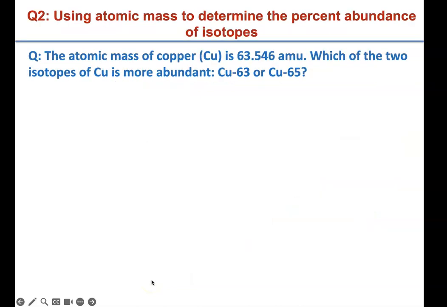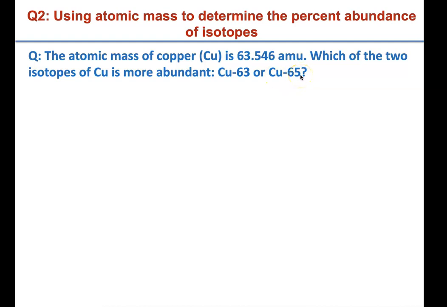Second question. How do you calculate the percent abundance using the atomic mass? So the question says the atomic mass of copper is this much, and which of the two isotopes of copper is more abundant, Cu64 or Cu65?